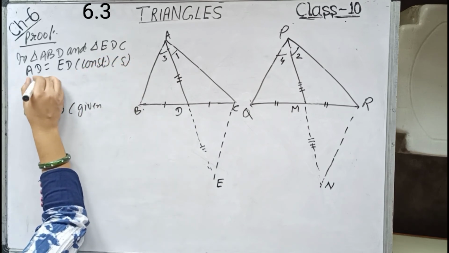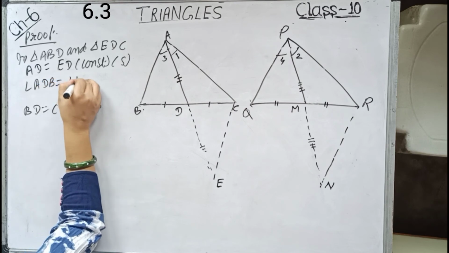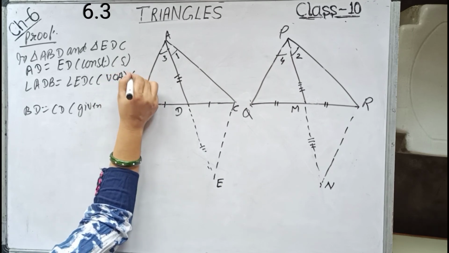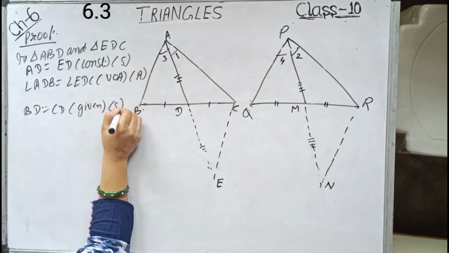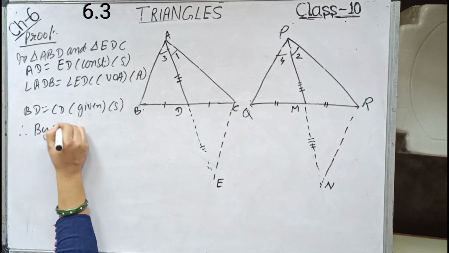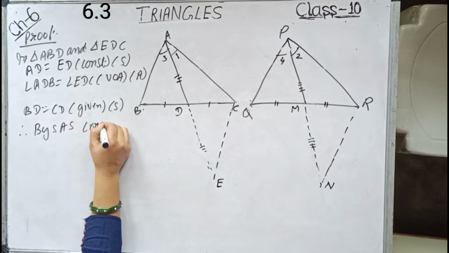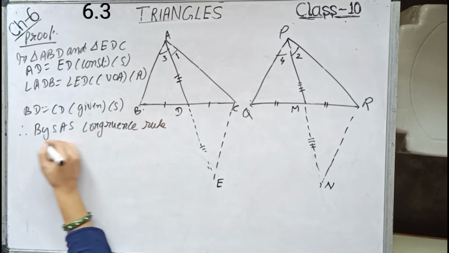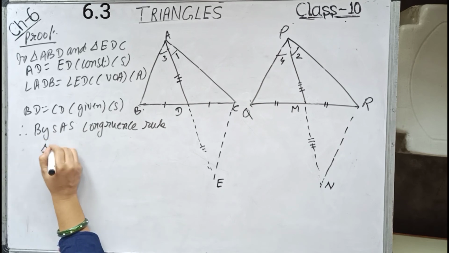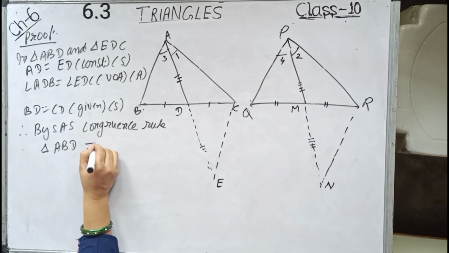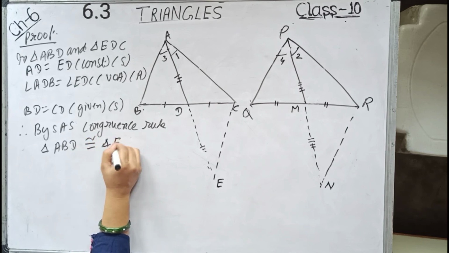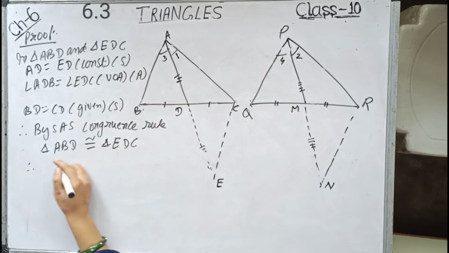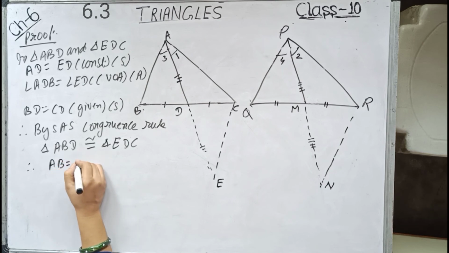Angle ADB equals angle EDC, vertically opposite angles. So S, A, S. Therefore, by SAS congruence rule, triangle ABD is congruent to triangle EDC. No confusion. Therefore, these two triangles are congruent, so we can write AB equals EC.